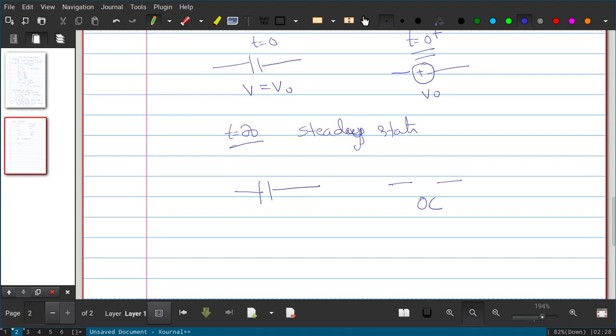At t equal to infinity, meaning after a long time, you are not changing any voltage across the capacitor. It will behave like an open circuit. No current will be flowing. If you want to make current flow through this one, you have to change the voltage. That also, you cannot change instantaneously. You need some time, then only it will change. Okay. So this is about the capacitor.